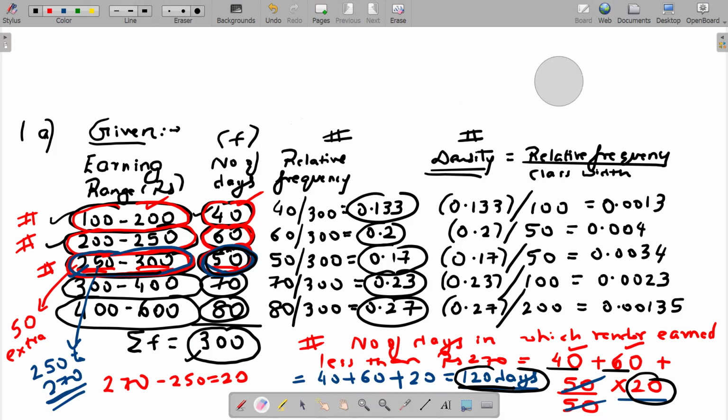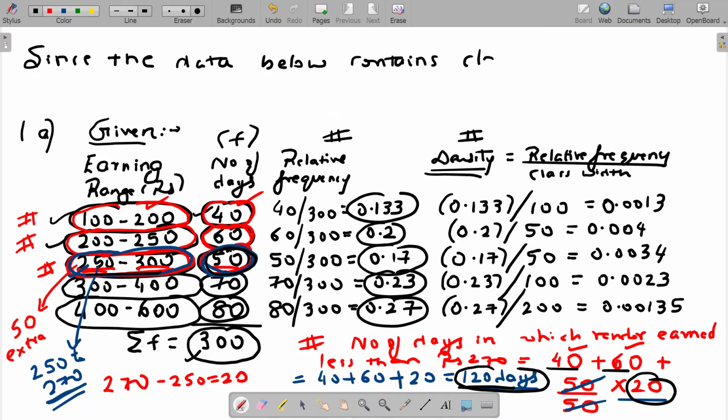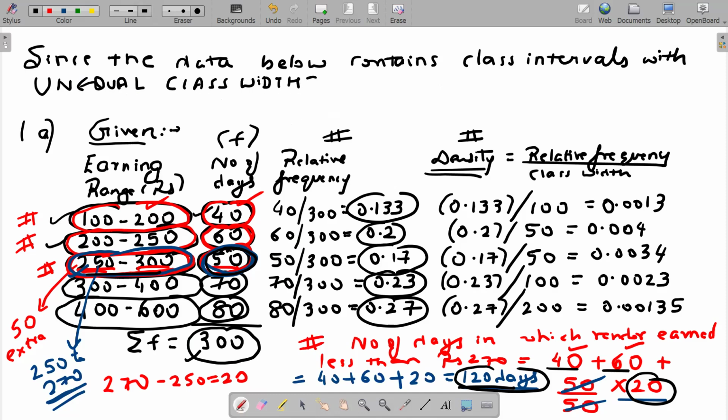If I erase this initial portion off, since the data below contains class intervals with unequal class widths. Why unequal?